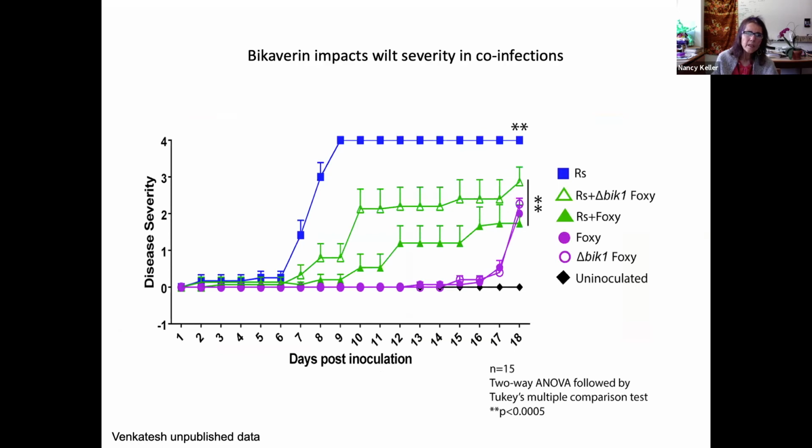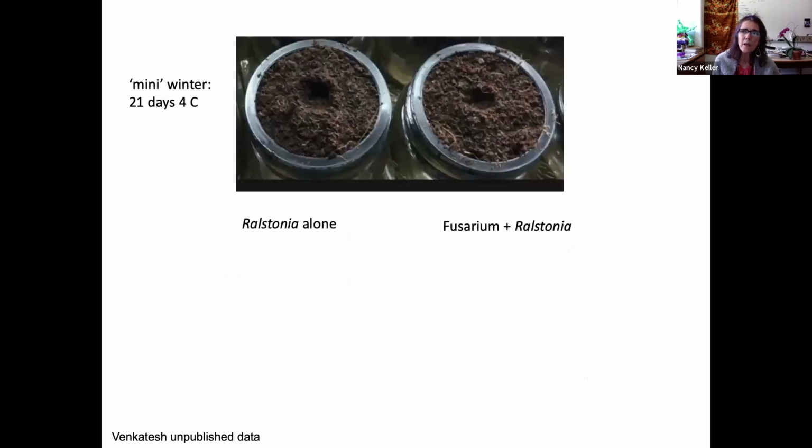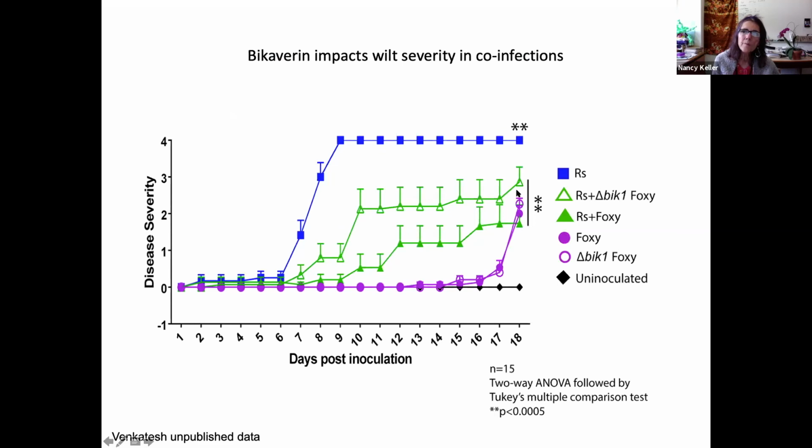And what she has found, and we're still doing some work on this, is that for reasons yet to be explained, when you mix Fusarium and Ralstonia together, you actually reduce the high severity of a bacterial wilt disease, but it is a little bit more than the fungus by itself.